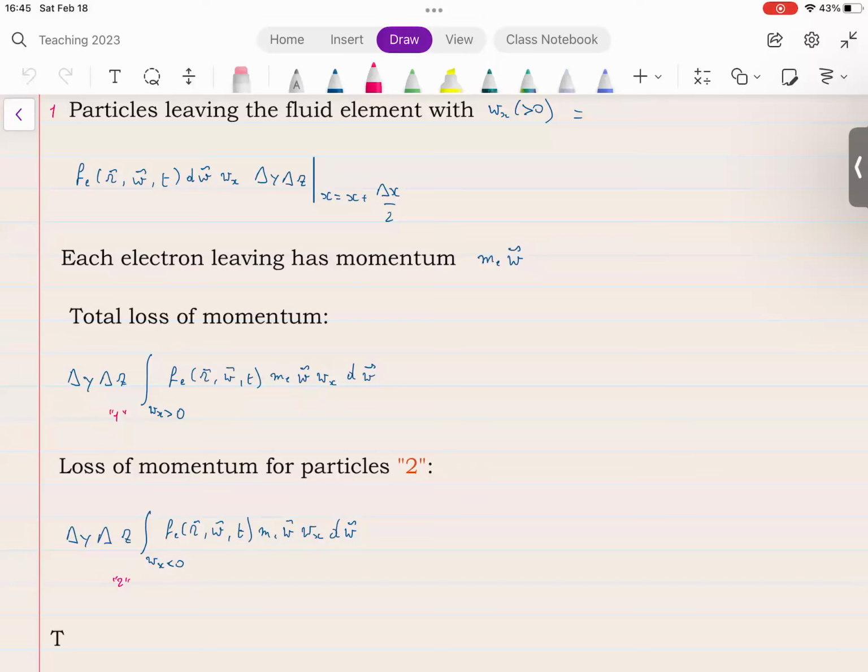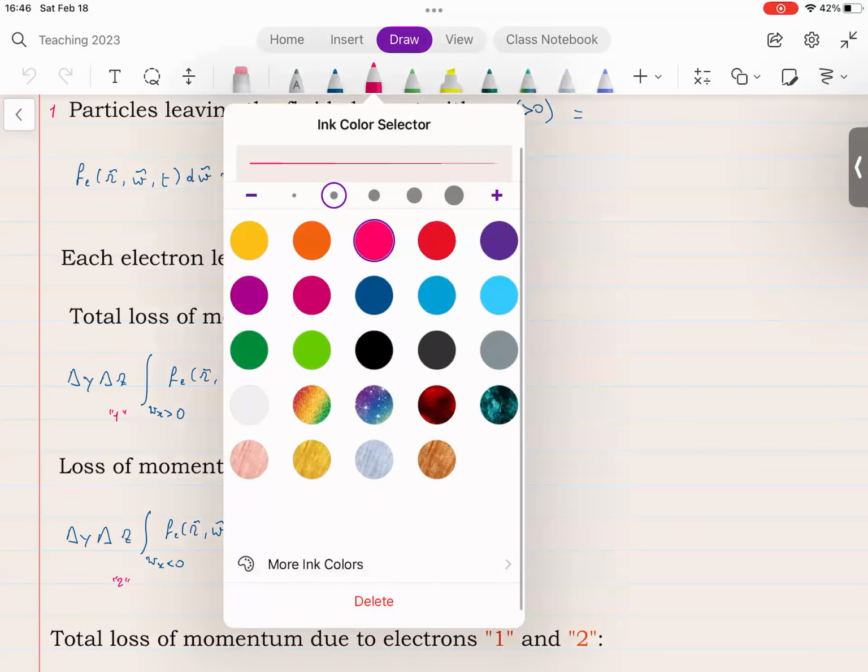All right, jokes aside, total loss of momentum due to electrons 1 and 2, where remember 1 and 2 are not two individual particles: 1 are electrons that are moving out with positive W, and 2 are electrons that are moving in with negative W. Sorry.